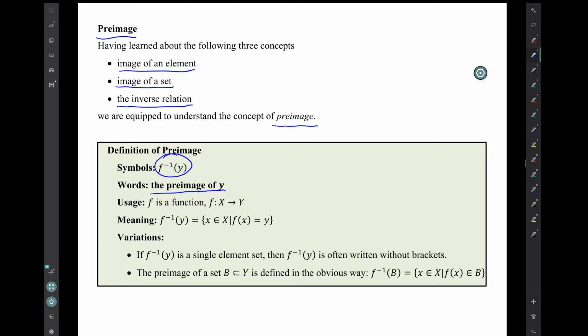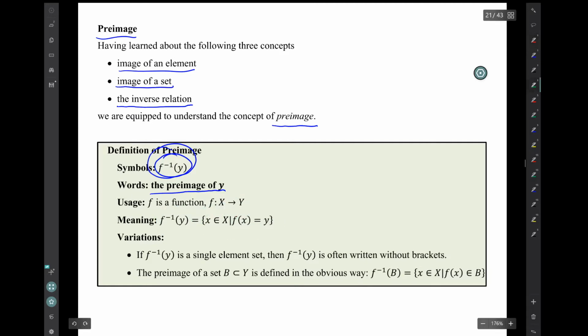You use this symbol when f is a function from some set capital X to some set capital Y. That symbol, the preimage of y, is defined to be the set of all inputs that will cause the output to equal y.